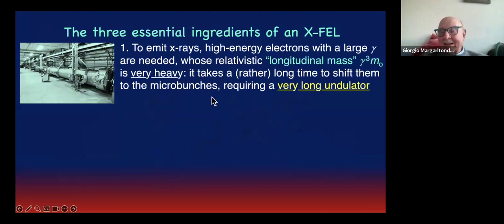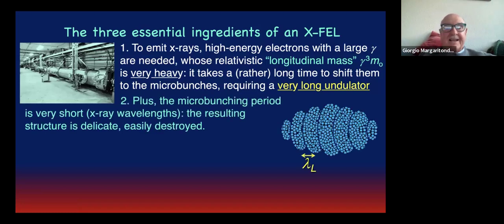If you get high energy electrons, the electron is no longer a light particle, it's a small stone, okay? And so even if the displacement is very small to get to one of the slices, still it is a heavy particle, so it takes a lot of time. And that is why you need a long undulator, because otherwise you don't have enough time in order to do the micro bunching. So much about the very long undulator. It is because of the heavy longitudinal mass.